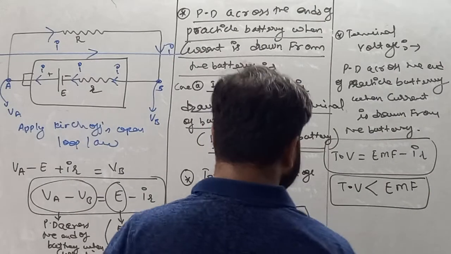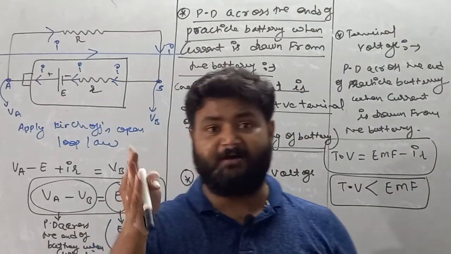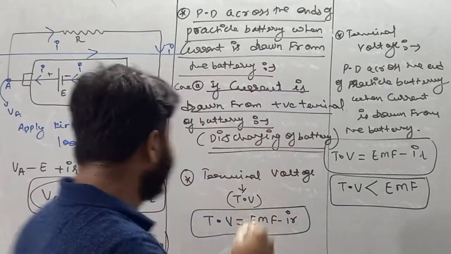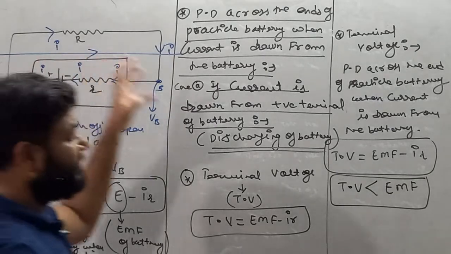First, write down, if terminal voltage of battery, and we know that terminal voltage is nothing but potential difference across the ends of a practical battery when current is drawn from the battery.